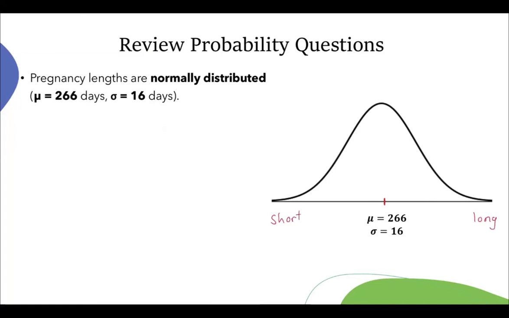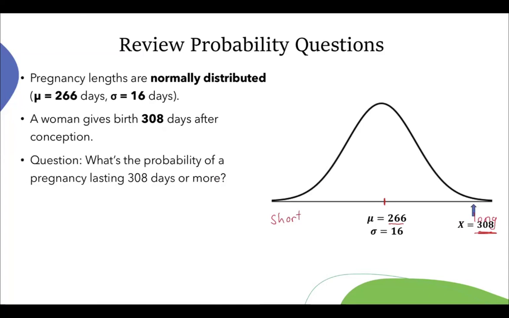And so we have the bulk of the pregnancy lengths somewhere in the center near 266. Let's suppose that a woman gives birth 308 days after conception, which would make her pregnancy length 308 days. That's going to put it way over here on the long side.